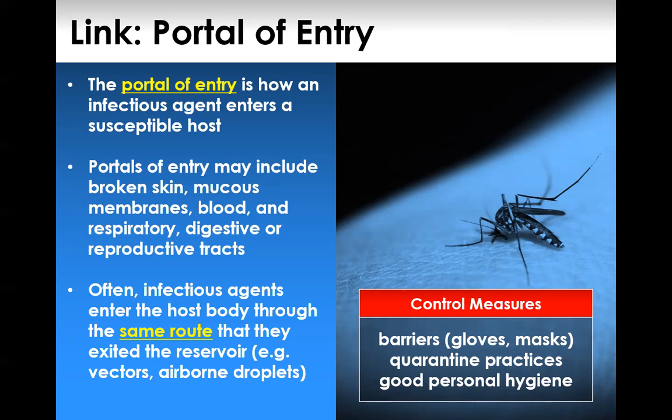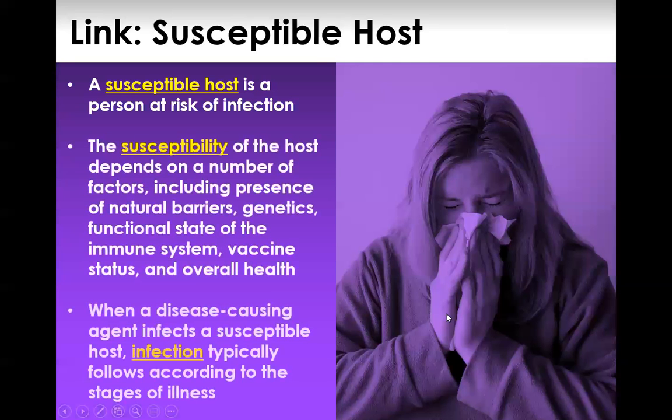We also look at the mucous membranes, blood, respiratory, digestive, or reproductive tracts. Those are all ways that pathogens can get inside of our body. So these control measures, again, are barriers, gloves, masks, good personal hygiene, right?